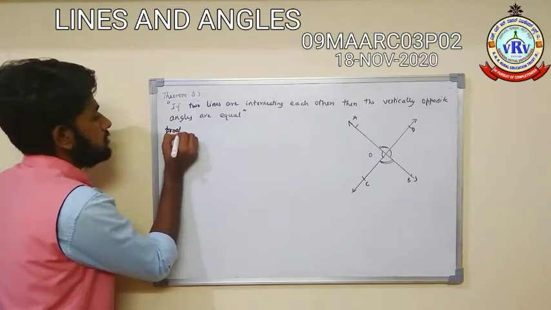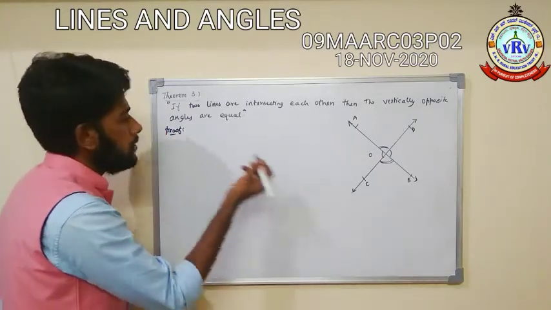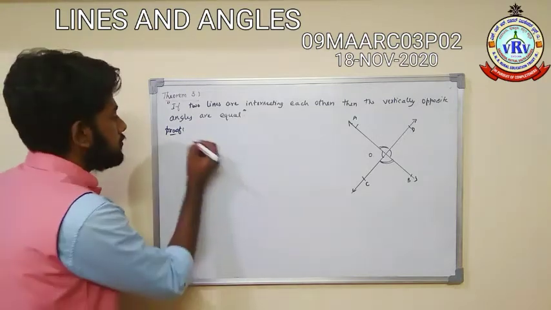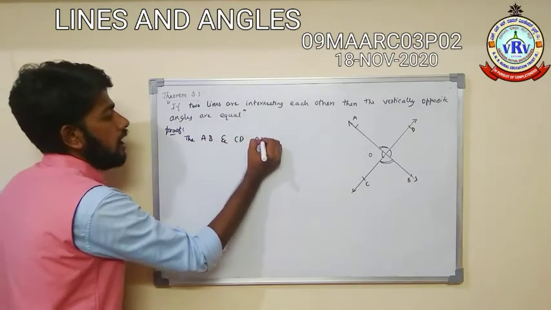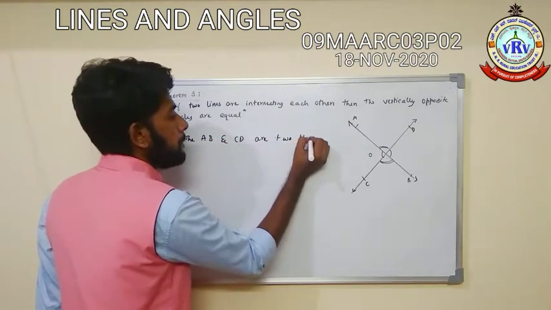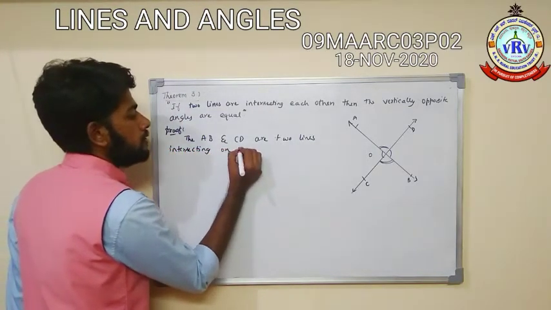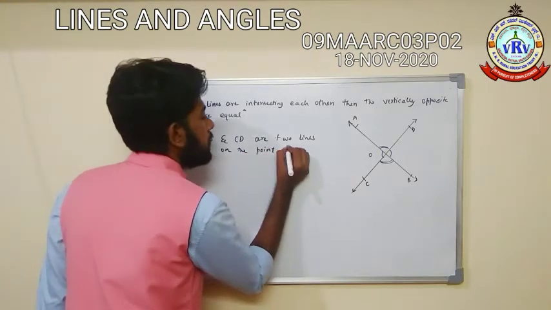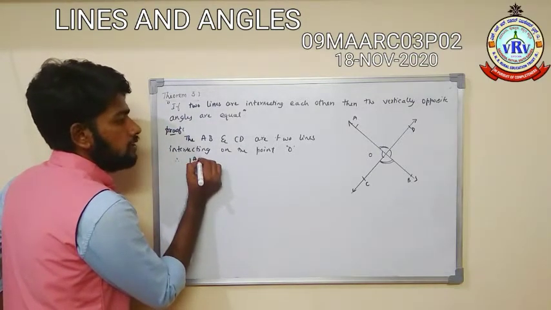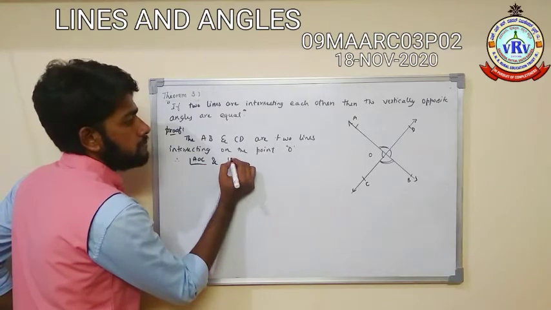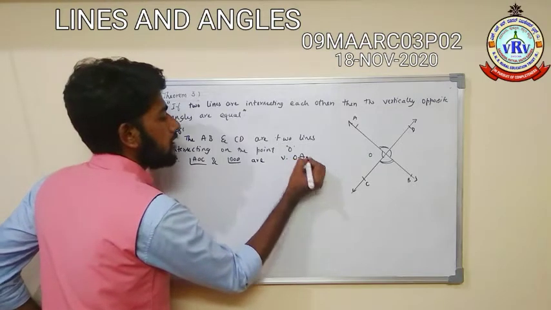First, let us write what is given in this figure and what we are considering. AB and CD are two lines intersecting at the point O. Therefore, angle AOC and angle BOD are vertically opposite angles.